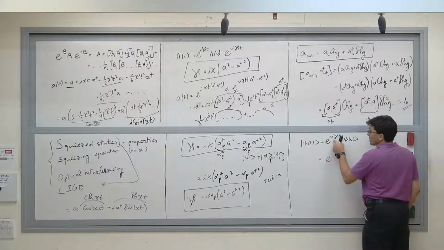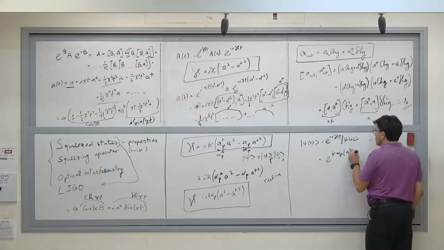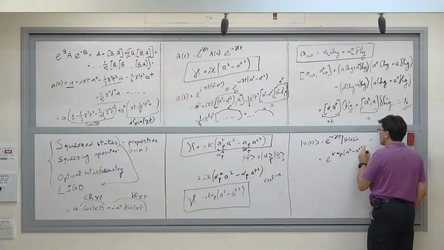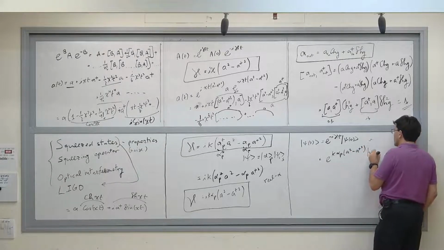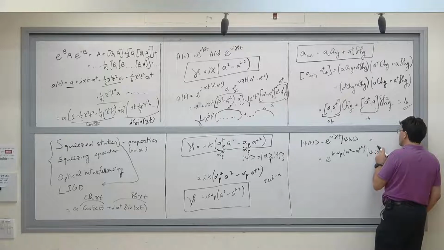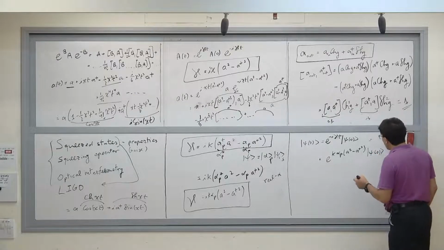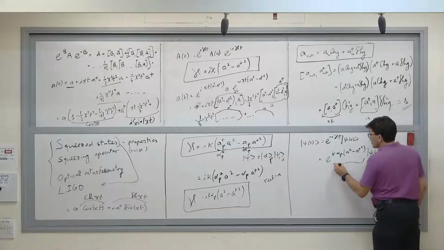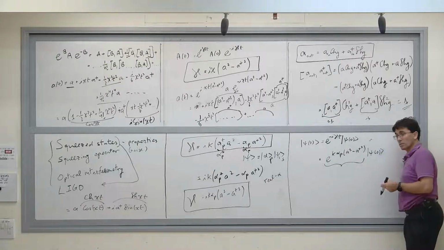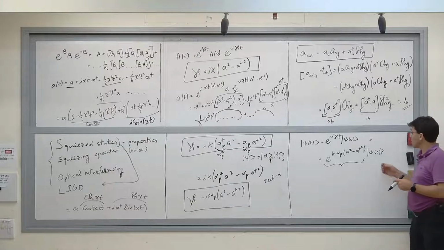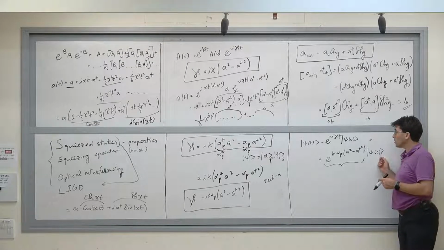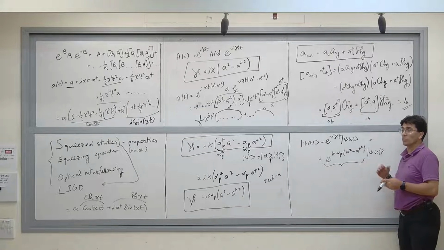So e to the minus i times e to the i, we have here kappa alpha pump times a squared minus a dagger squared operating on psi. We can call this the squeezing operator because it takes a state and generates a squeezed state out of it.